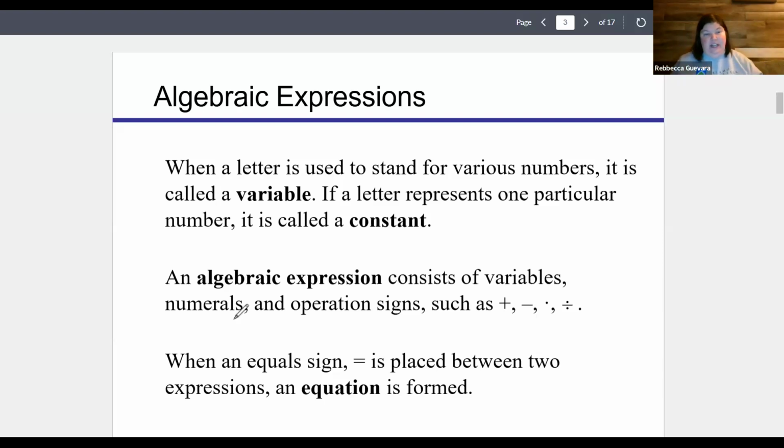So if I wrote 3 times x minus 2, oops, sorry, if I wrote just that, that's an algebraic expression. If I write 13, 13 itself is also an algebraic expression.